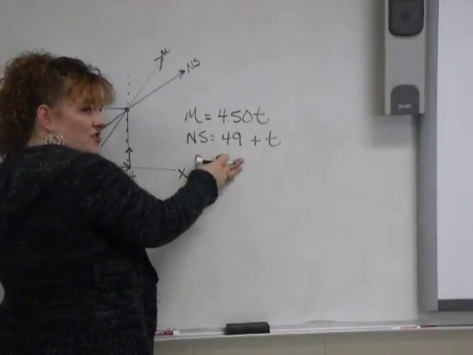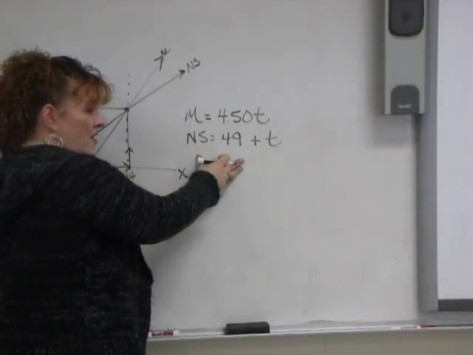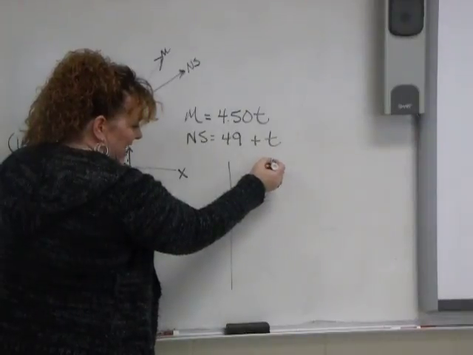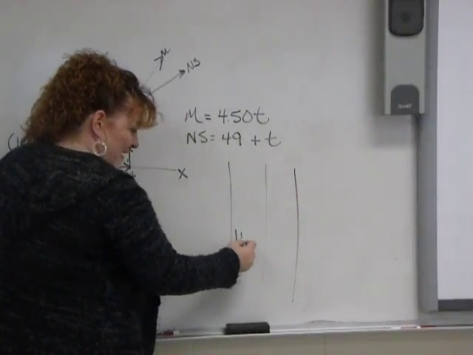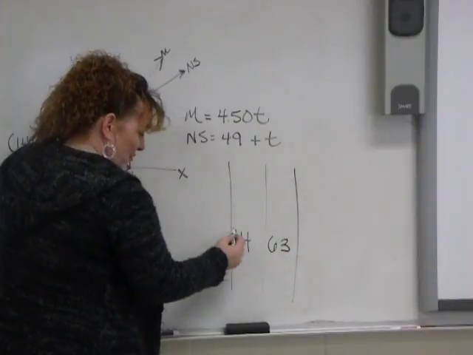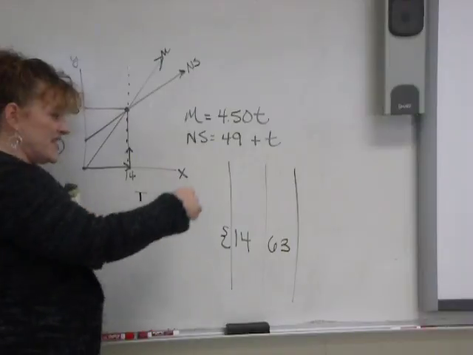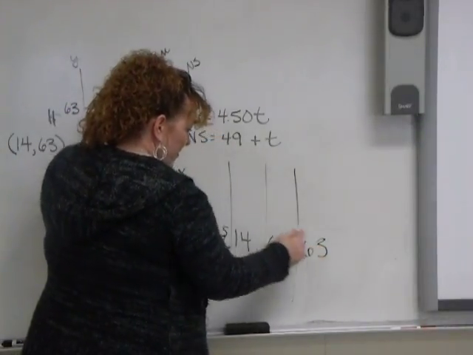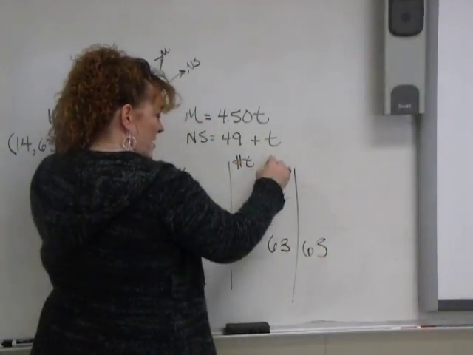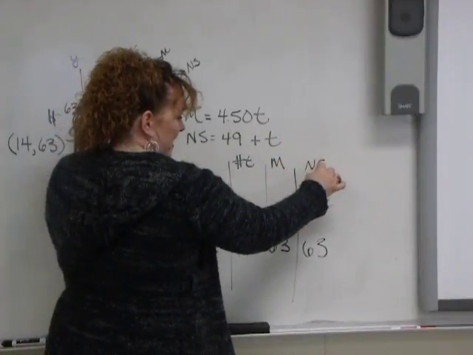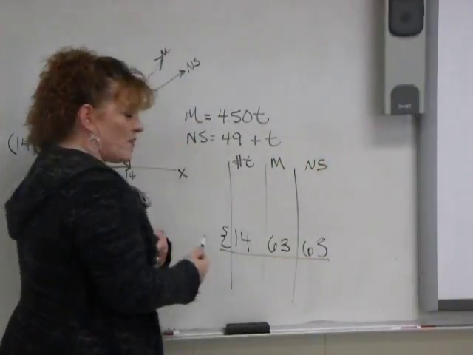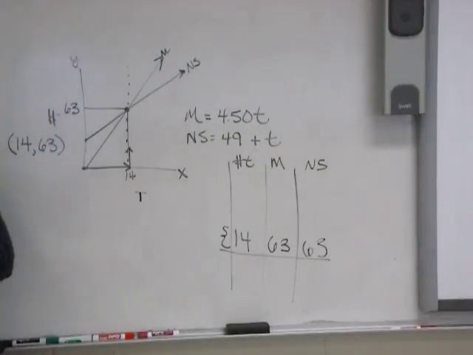So we looked at the equations that created the table, and we found at 14 t-shirts they were the same at $63, because we did this triple table of the number of t-shirts, what they would be at Mighty's and what they would be at No Shrink, and found this point here to be the y-intercept. So this is just a quick reminder of what we did that day.